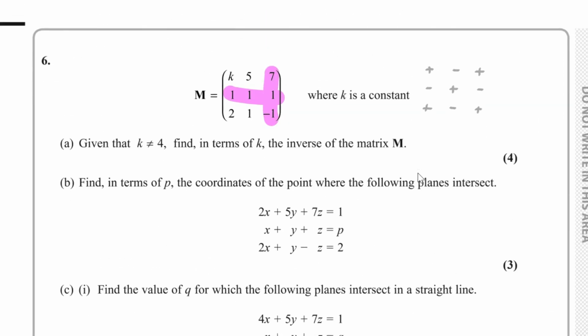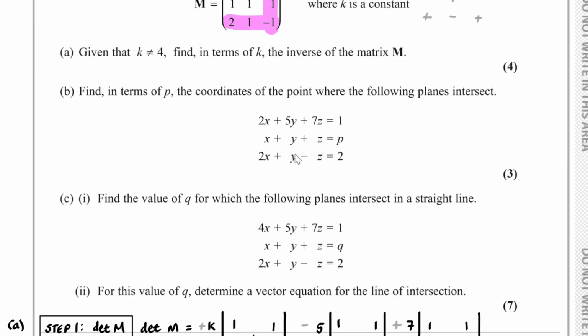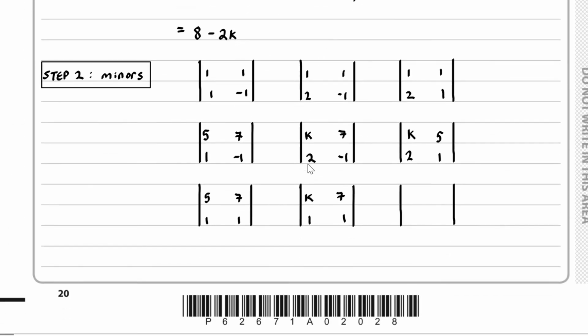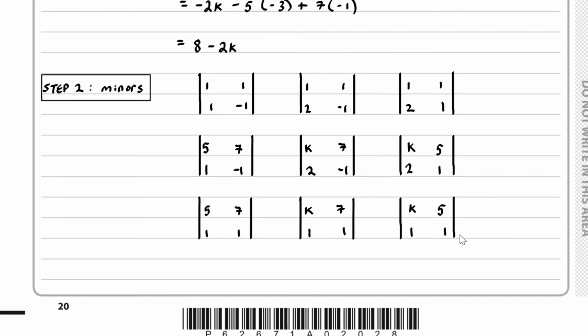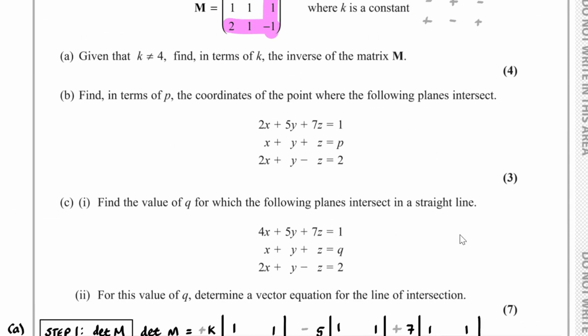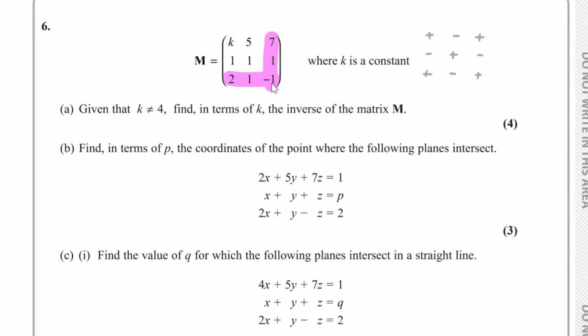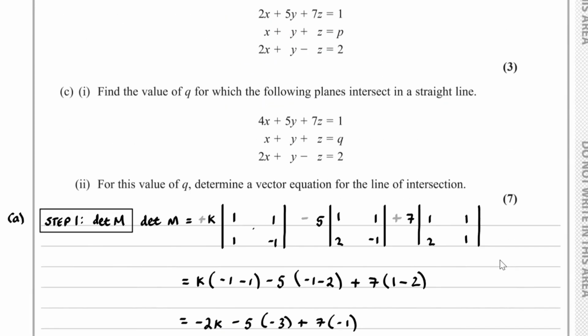And then finally, we cover up this column, we cover up this row, we take the determinant of what's left over. What's left over is the k, 5, 1, 1. So this over here, which I've just found, is the matrix of the minors.